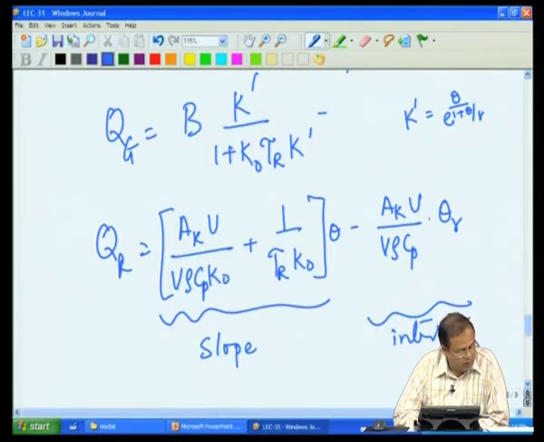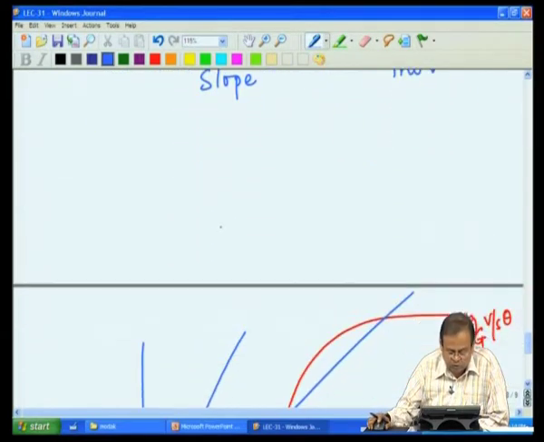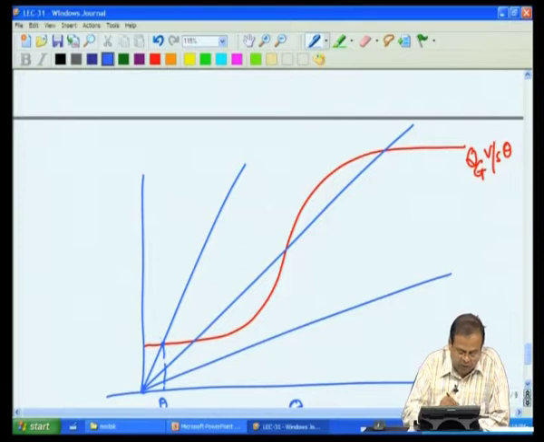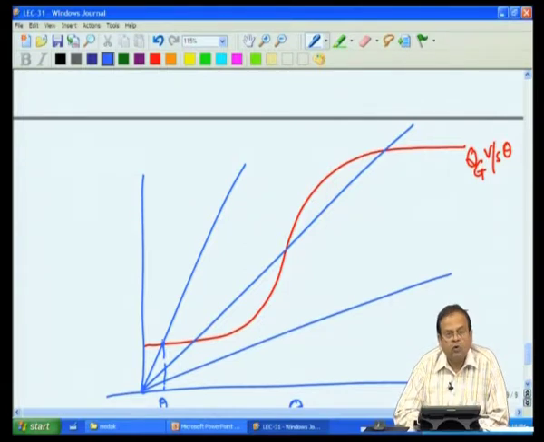So, high value of this slope means high value of heat removal term. So, when heat removal is very large compared to generation, we have temperatures which are of low value.